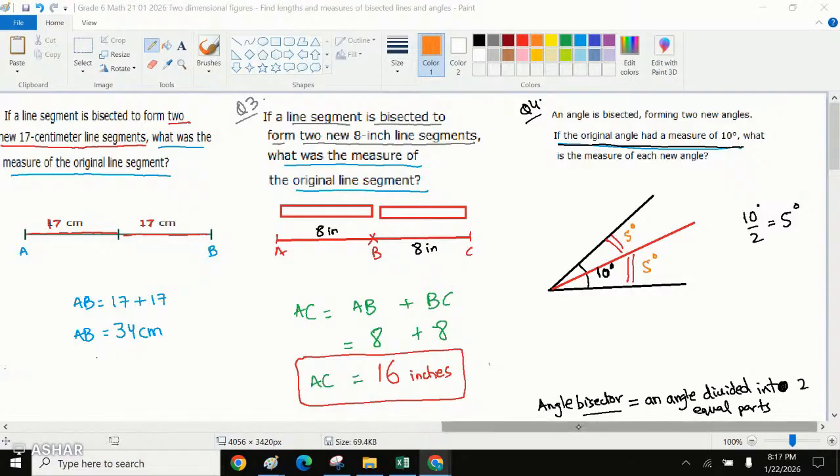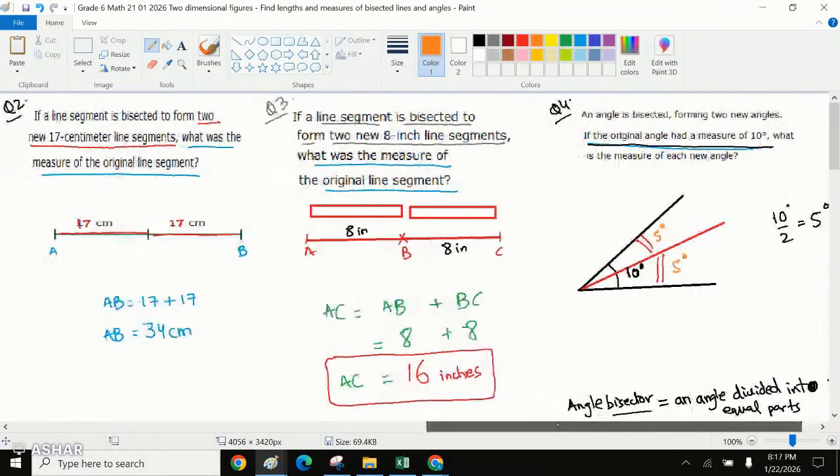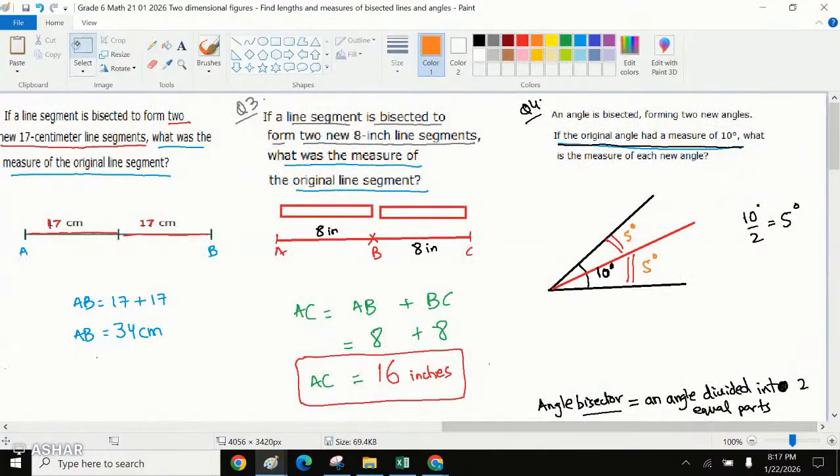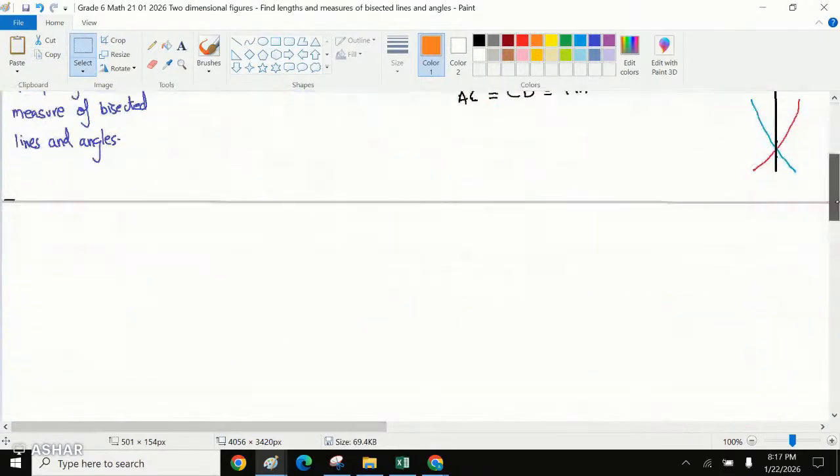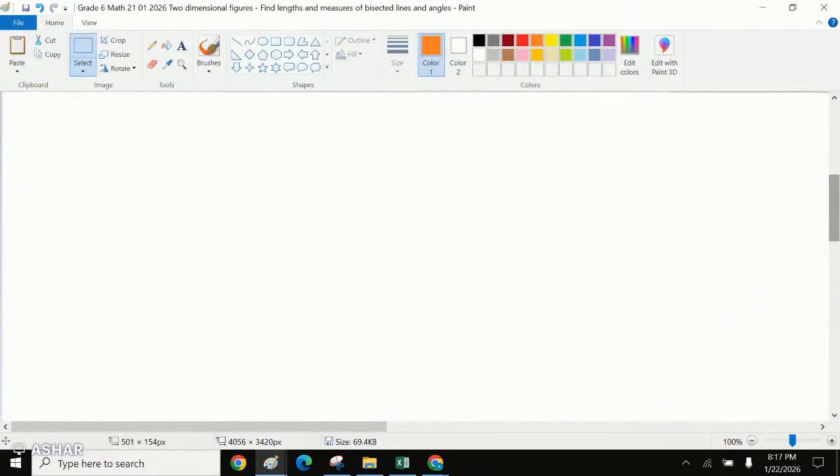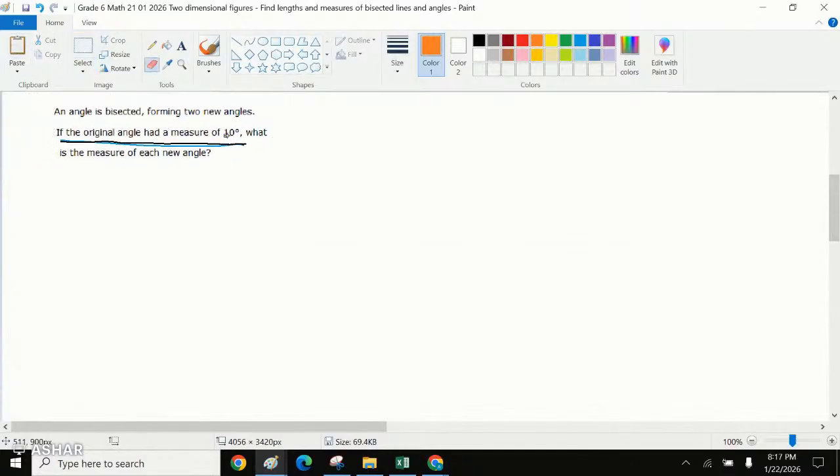The next question they are saying is very similar to this. I'll just copy the statement from here and I'll just change the angle. For the next question, this is question number 5, and they're saying the measure is 42 degrees.